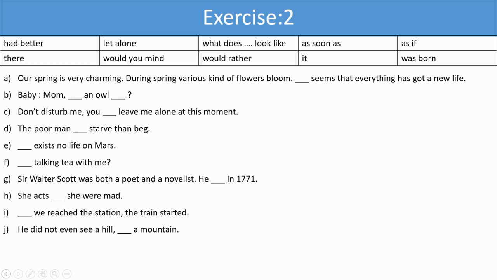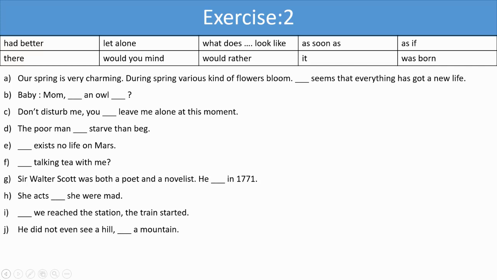Number C. Don't disturb me. You had better leave me alone at this moment. Number D. The poor man would rather starve than beg. Number E. There exists no life on Mars. Number F. Would you mind taking tea with me?